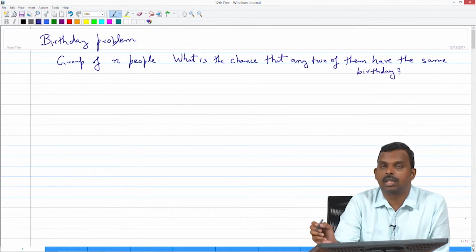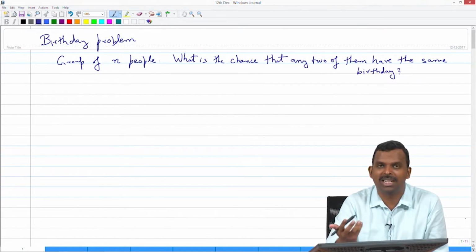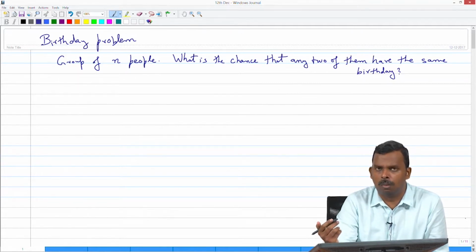Okay, so that is the question. It is an interesting question. You have a group of n people, n could be any number: 10, 20, 30, 200, 400, whatever. What is the chance that any two of them have the same birthday?